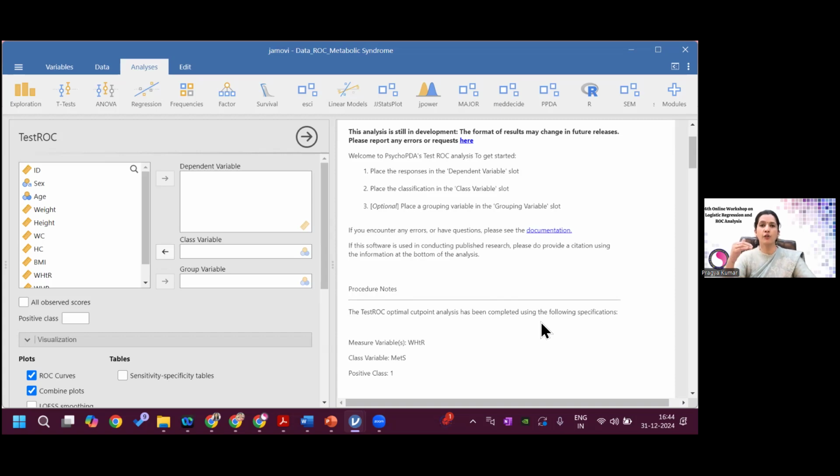Otherwise, how will you know at which cutoff you are measuring the sensitivity, specificity, positive predictive value and negative predictive value? It depends on the objective. If your objective is only to give the AUC, there is no need to mention the cutoff. If your objective is to show the validity of the test by showing all these parameters, then of course without a cutoff you cannot, because you need a 2 by 2 table.